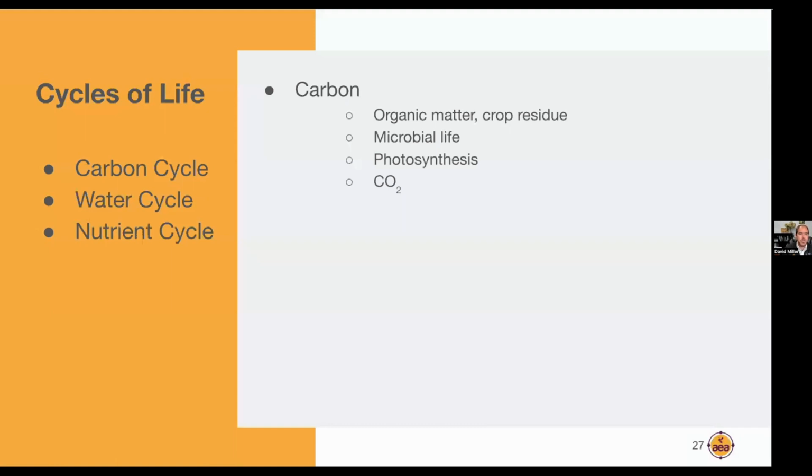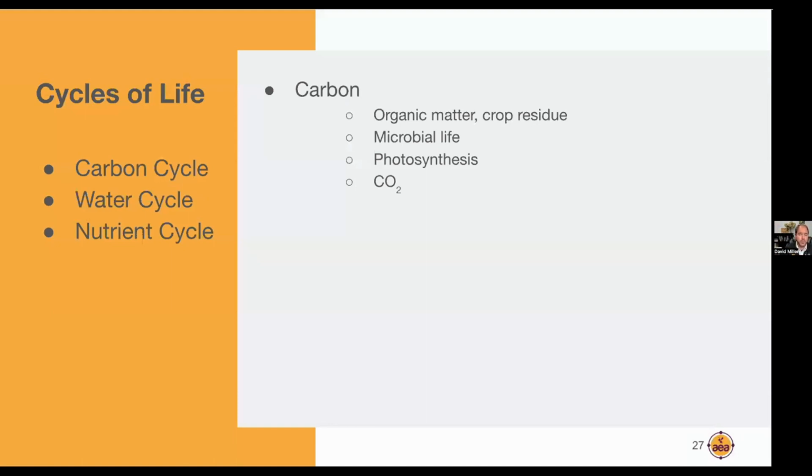So if we have CO2 being released as these microbes are chewing, breaking down, working on this crop residue or this organic matter, they are releasing carbon dioxide, which goes up into the atmosphere. And if we don't have plants there that are actively photosynthesizing, that carbon dioxide will be lost up into the atmosphere and it won't cycle.